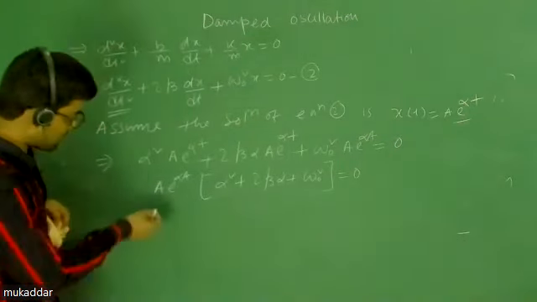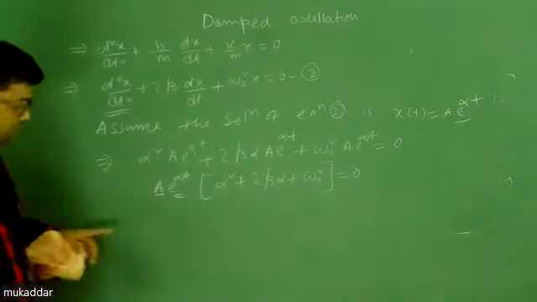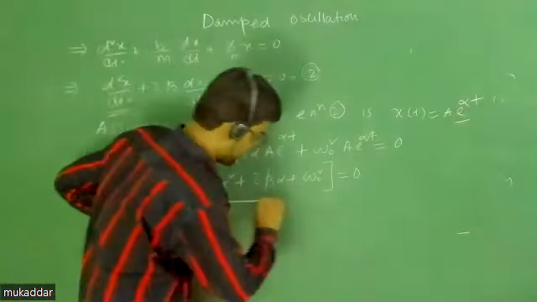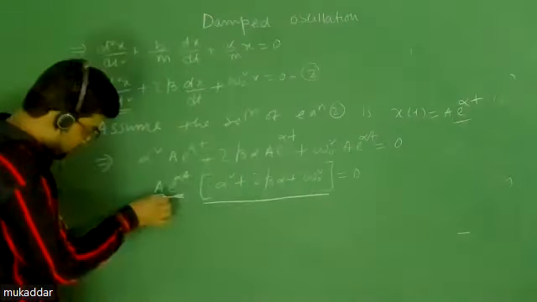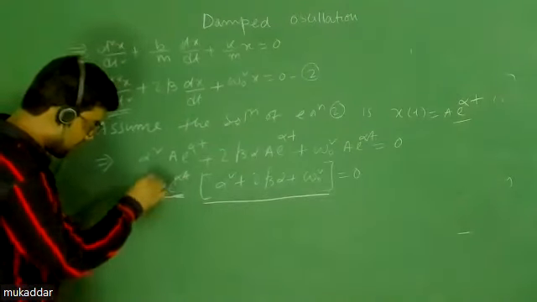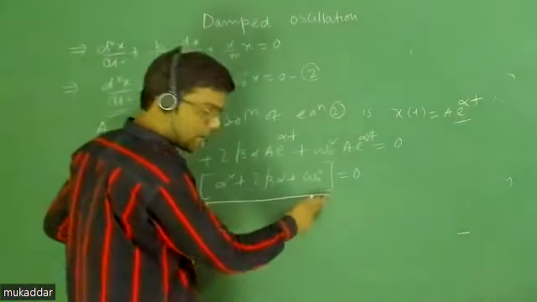Okay. So this is the amplitude, and the e to the power function can never be 0, right? So this factor cannot be 0. There is some kind of amplitude, and the exponential function can never be 0. The product of two factors is 0, which means only this factor will be 0.